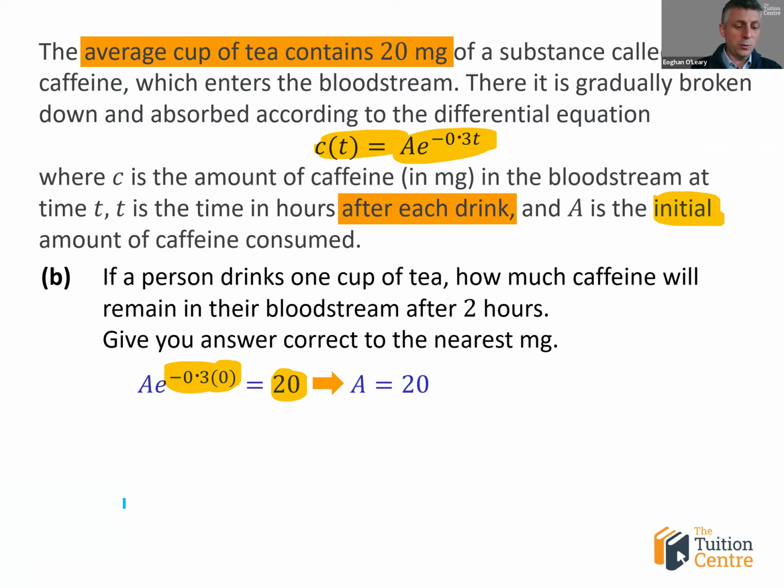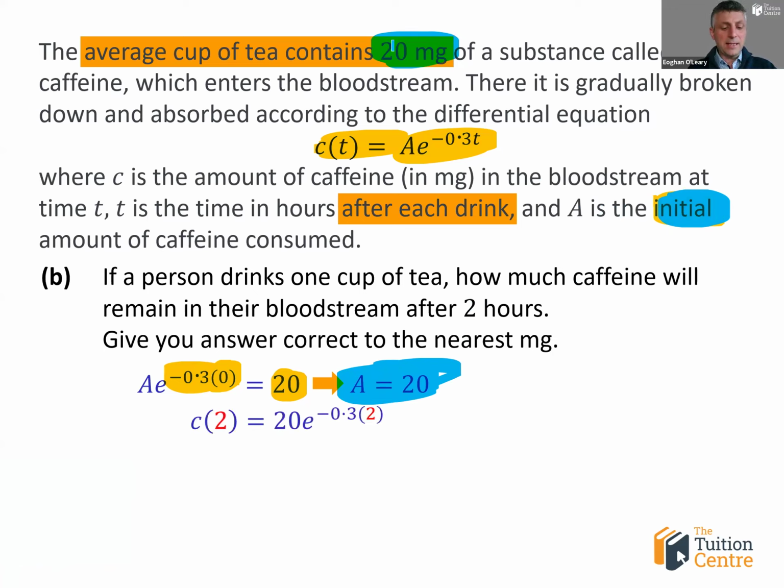Now, some of you who know that trick and have seen it a few times would be able to just write down that A equals 20 from the very start, because it tells us A is the initial amount, and it tells us that up there. So then it says, how much caffeine will there be after 2 hours? Then you're just putting in 2 for t, simplifying it down, and you get, correct to the nearest milligram, 11 milligrams of caffeine.